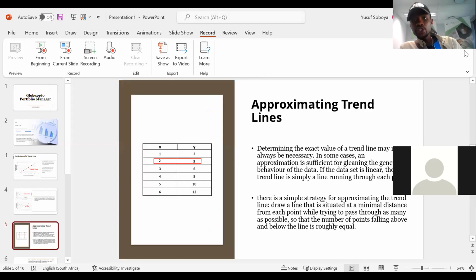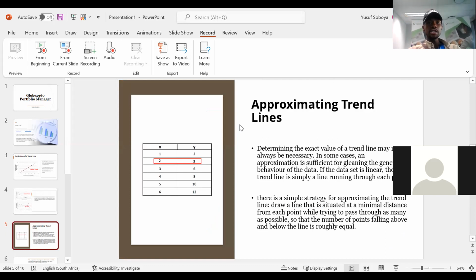All right, so approximating a trend line. Why are we approximating the trend line? Determining the exact value of the trend line may not always be necessary in some cases. An approximate trend line is sufficient for gauging the general behavior of the data. If the data set is linear, the trend line is simply a line running through each point, right?